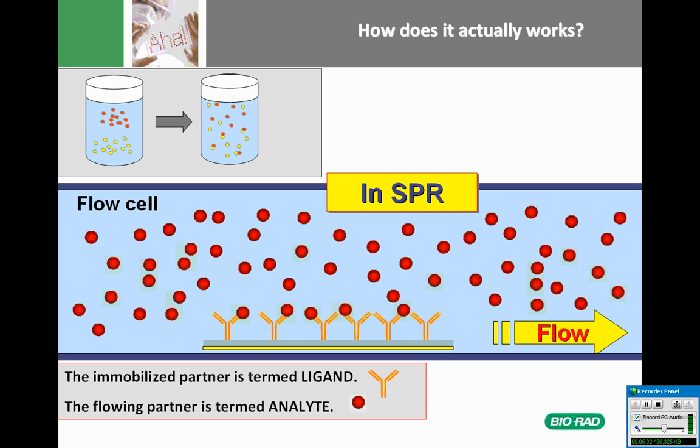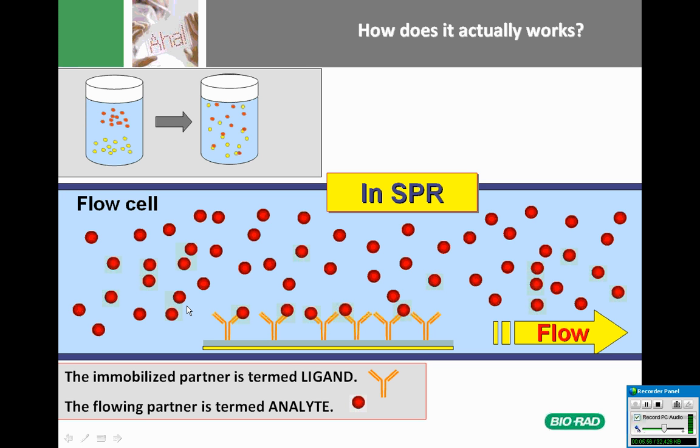So how does it actually work? How is the binding event monitored on the ProteOn XPR36? In any typical assay, you have two binding molecules. One would be covalently bound or captured on the surface, and we call this molecule the ligand.